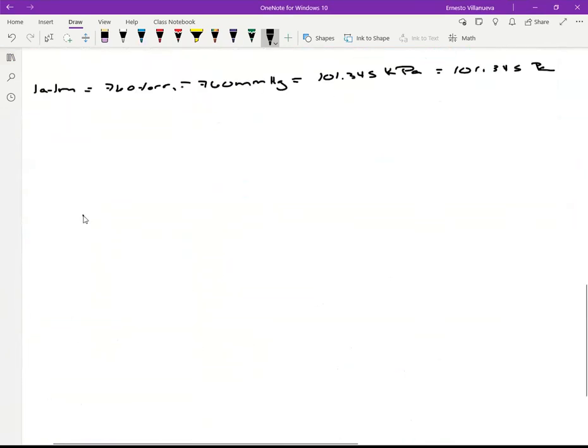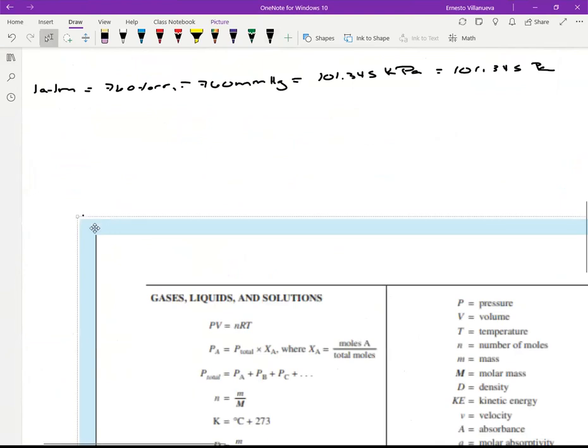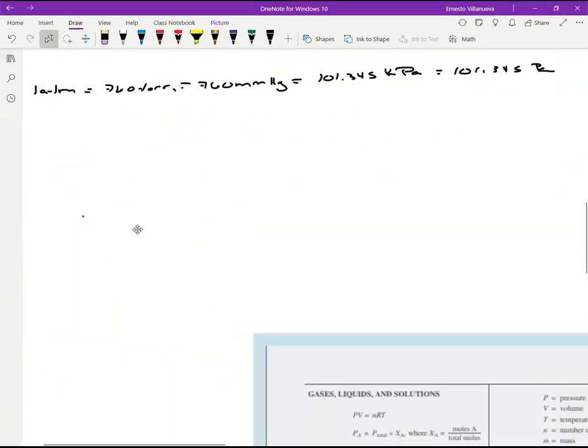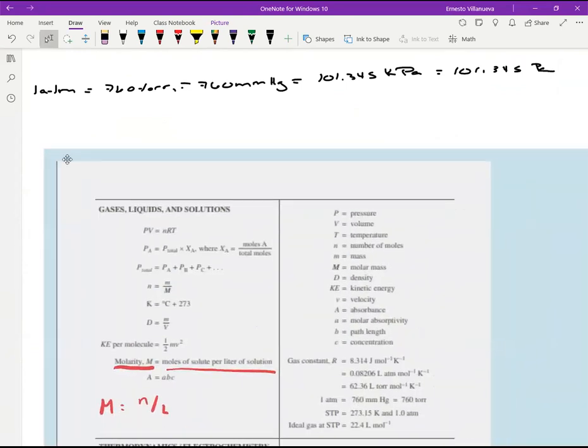Okay, I'm gonna post my cheat sheet right here. And there they are. See, there's your gas law right there. Usually with this law, you can pretty much solve any problem. But in this case, I want you guys to pay special attention.